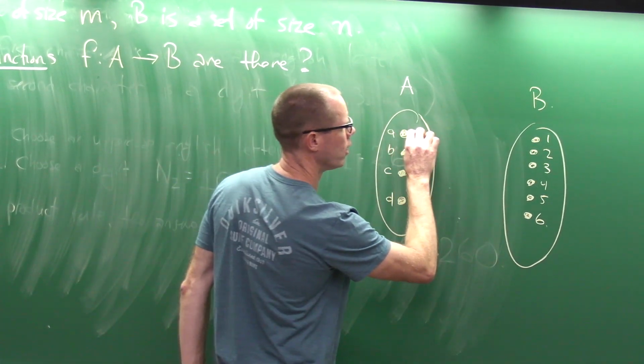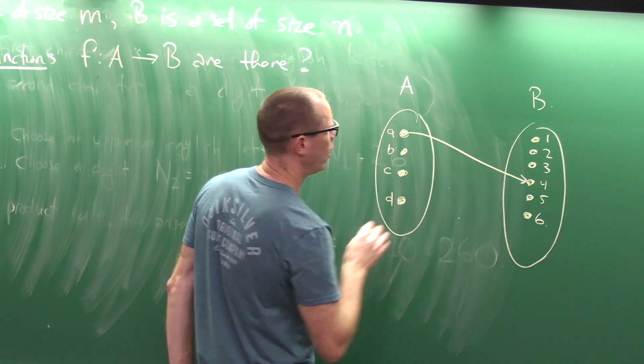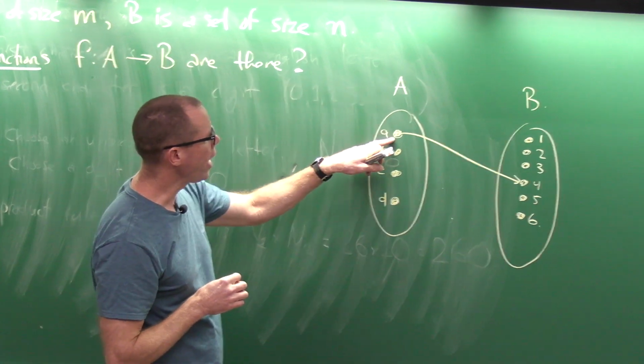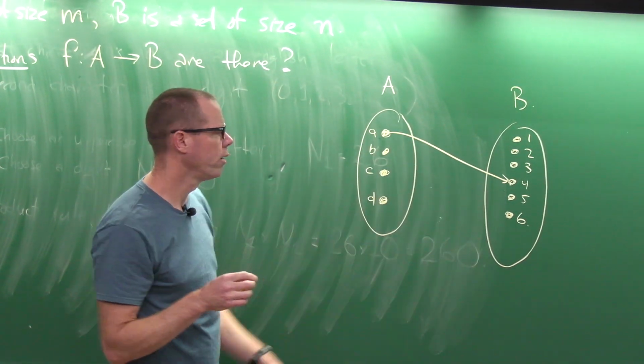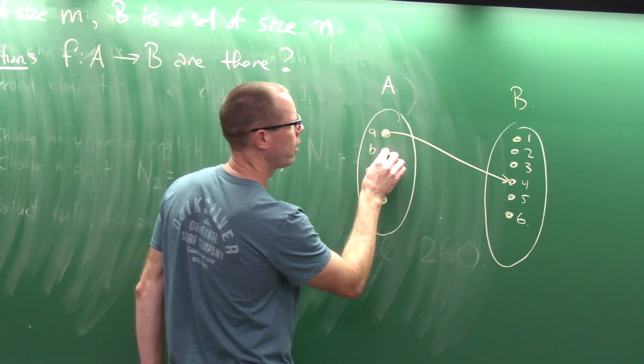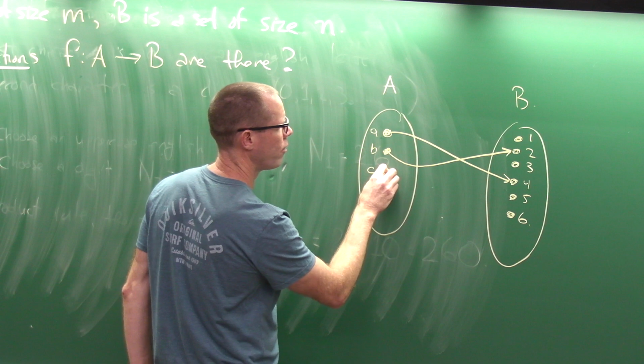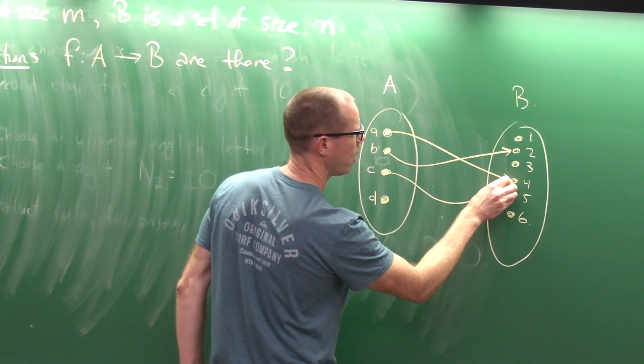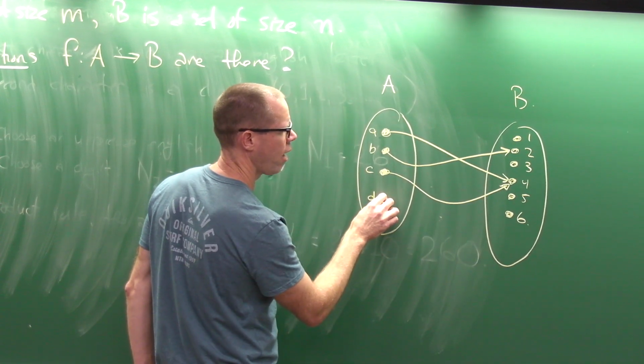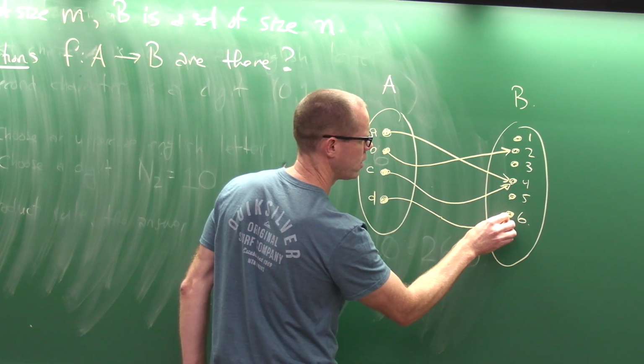So for example, maybe f of A is 4. F of B is 2. F of C is 4. And f of D maybe is 6.